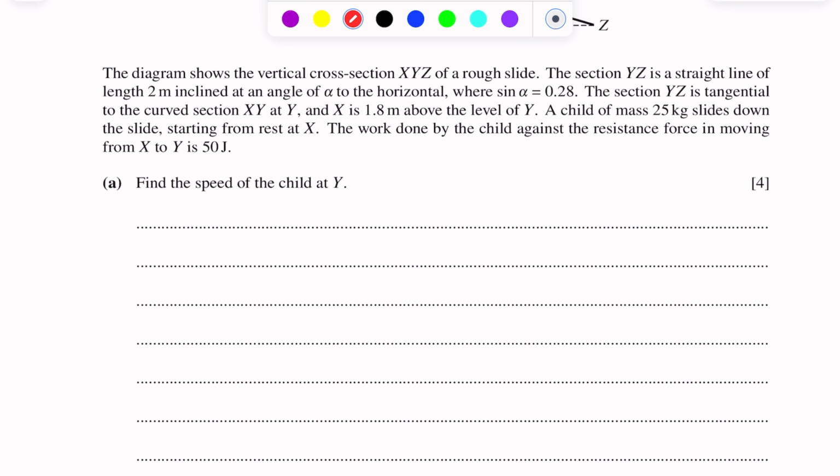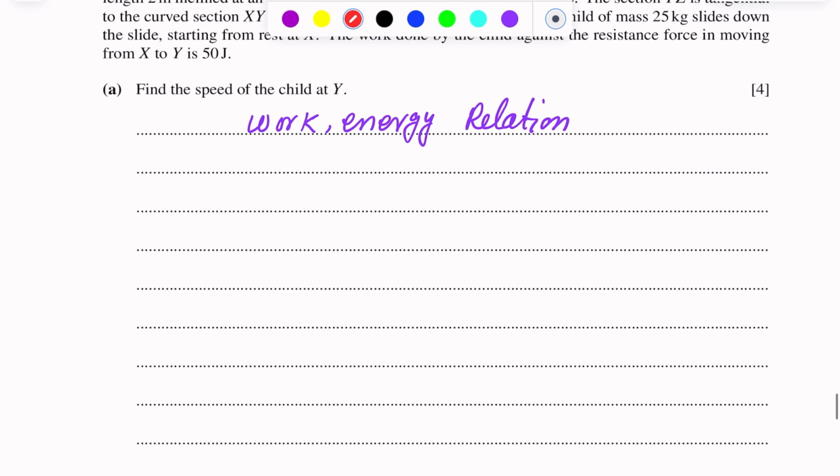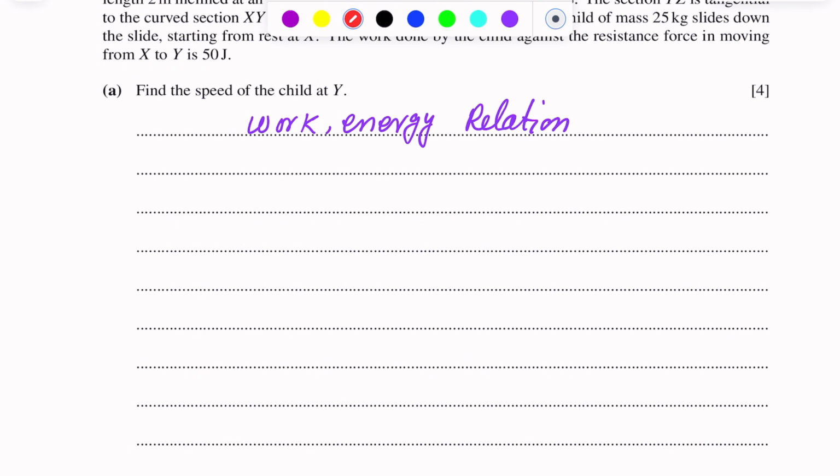The work energy relation is: WD, I am using the short form here, WD means work done by driving force, is equal to work against friction, WF, plus change, delta. Delta shows change in mechanical energy.